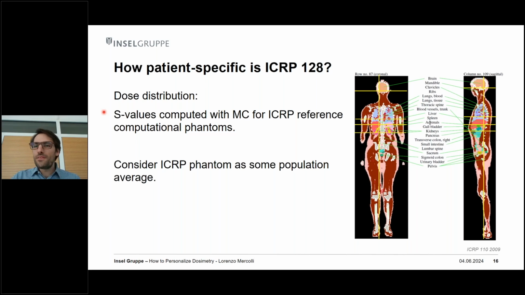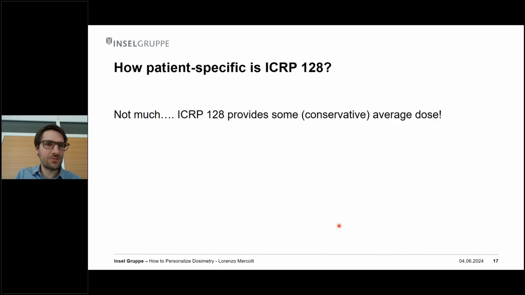Now, this human phantom here, it's some average over some kind of population. So if we ask how patient specific is the dose that we compute with the ICRP 128, well, not much. The source is some average quantity, and the dose distribution is also coming from a standard human phantom. So this is not very patient specific, but it's very quick and very easy to do.